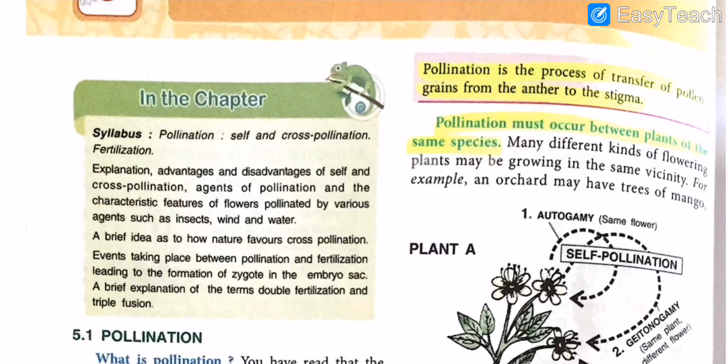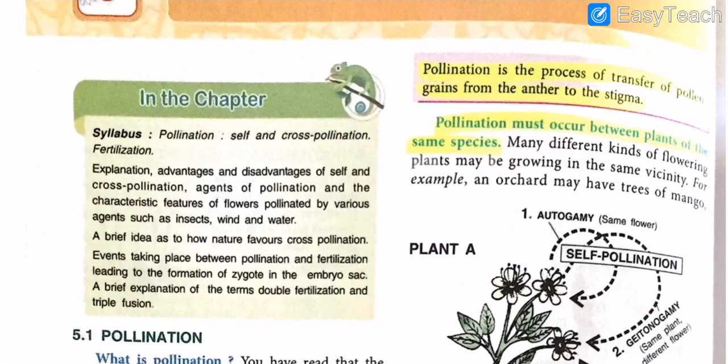And the third example is, again, your caste is the same, the religion is the same, but it's a different plant of the same species, just completely two different spots, right? So pollination must occur between plants of the same species, of course, because if the pollen grains of carrot come to tomato, that's not possible, right?